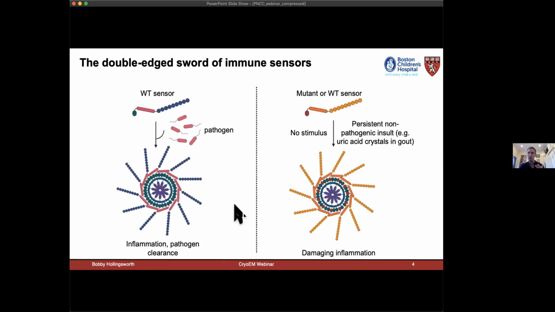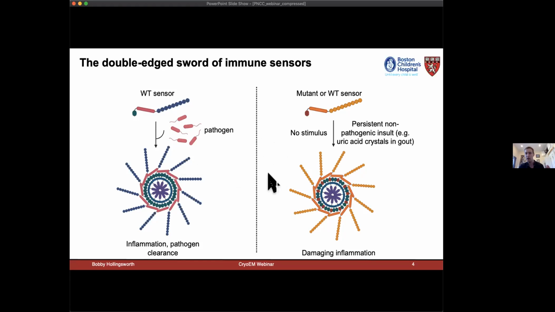However, these immune sensors are a double-edged sword, and their efficacy sometimes comes at the cost of inflammatory disease. While these sensor proteins are absolutely necessary to recognize a variety of different pathogenic insults and take care of them, they also can be aberrantly regulated. For example, when non-pathogenic insults like uric acid crystals in gout are persistently present, or when these inflammasomes and other sensors have germline mutations that lead to their persistent activation, they can result in damaging inflammation.